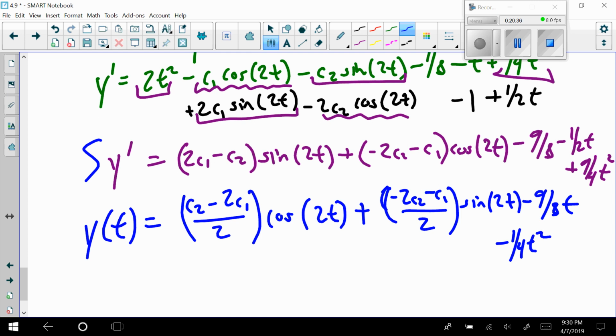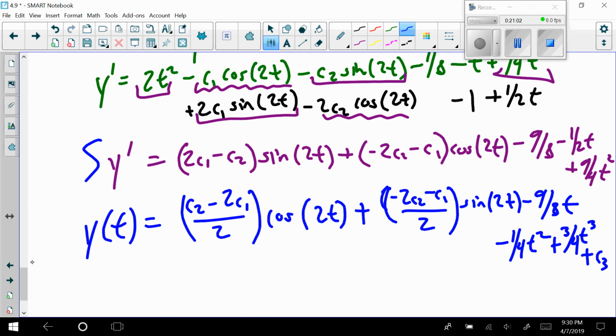And I would have plus 3/4 t cubed. And then technically here I'd have to put a plus c sub 3 in here, right? Because I would have to go through and add in that constant, okay? Add in that constant because I did just take a derivative, okay?